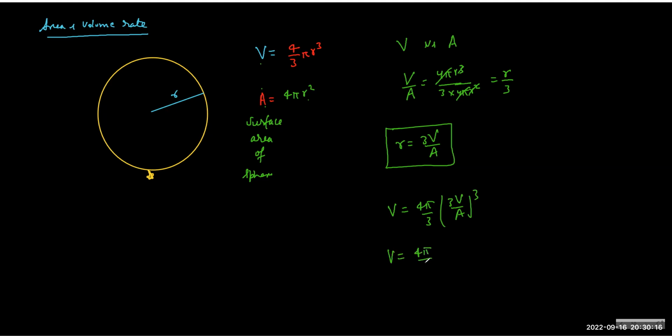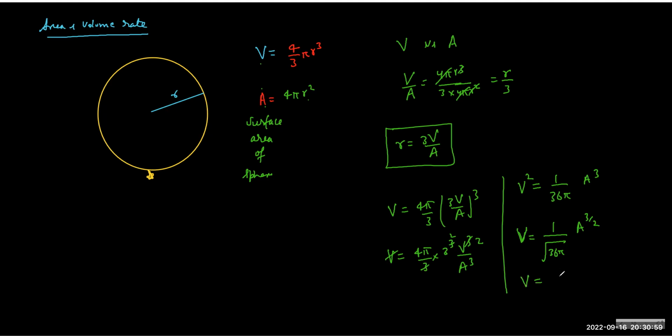So it is 4 pi by 3, and it is 27 V cube by A cube. The V will vanish. So what you get is V square equals 1 by 36 pi into A cube. So what is V coming? Under root of 36 pi, into A power 3 by 2.